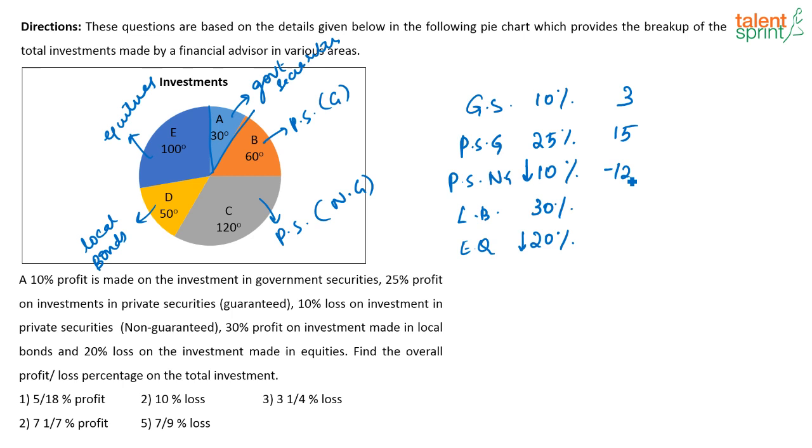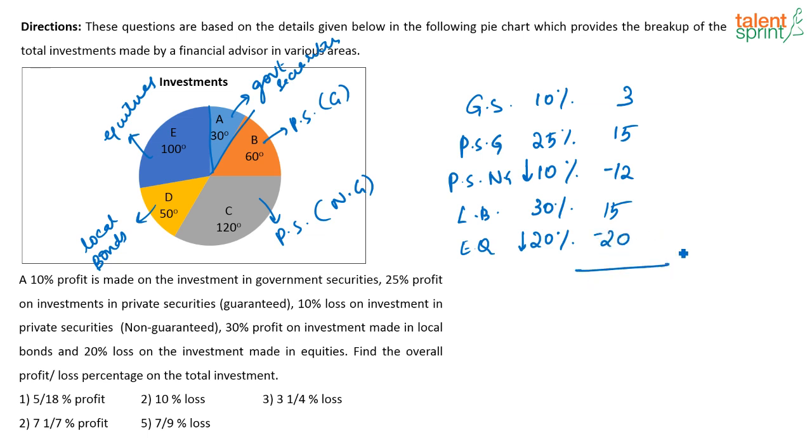So minus 12. Next, local bonds: my investment is 50 and I am having a 30% profit. What is 30% of 50? 15. And the last one, equities. When it comes to equities, there is a loss of 20%. I am investing 100, out of 100, 20% is lost, or minus 20 is my loss.